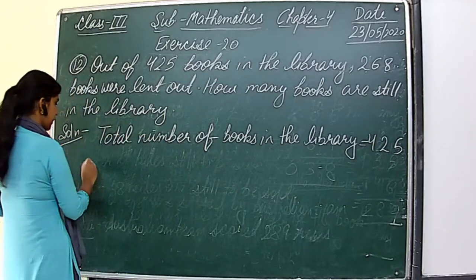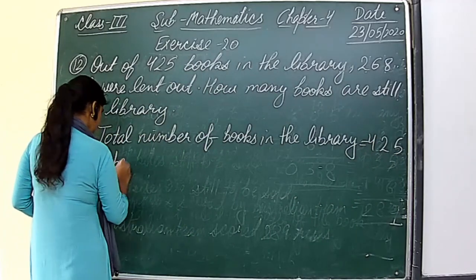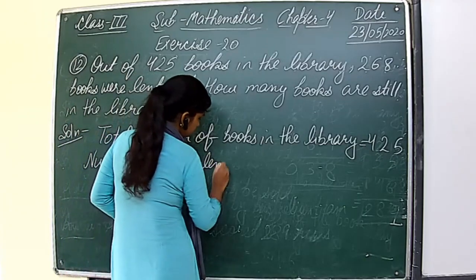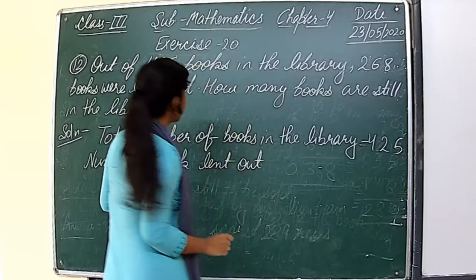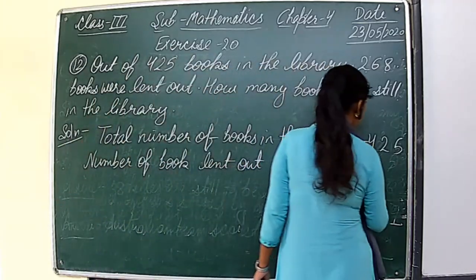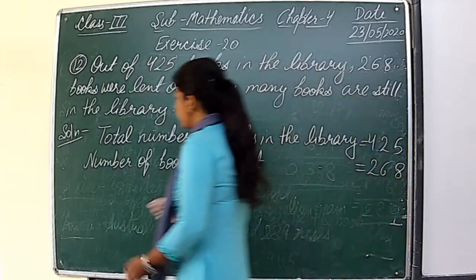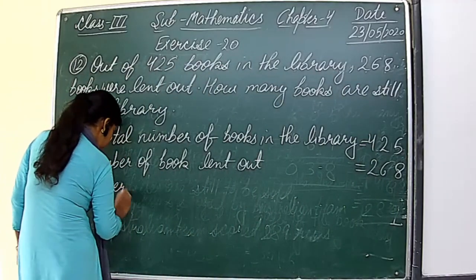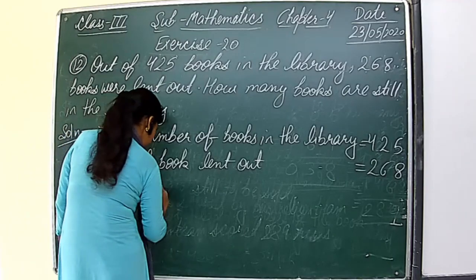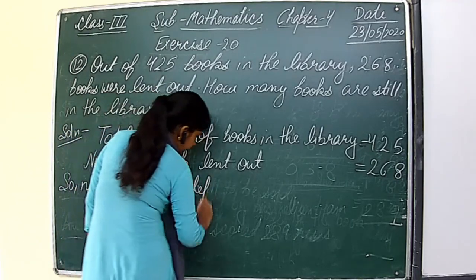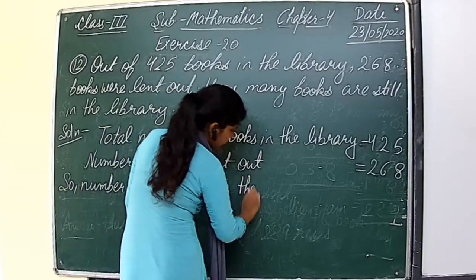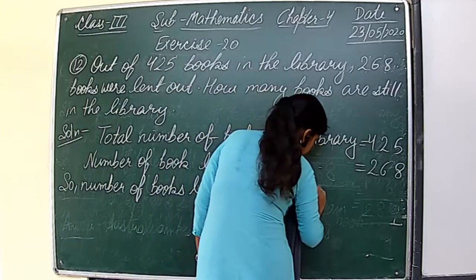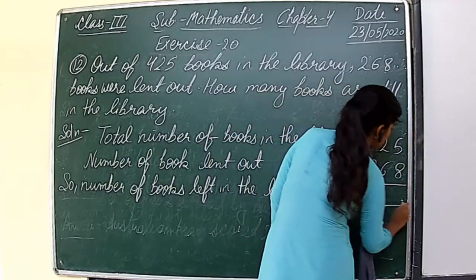Number of books lent out is equal to 268. So number of books left in the library is, we will subtract the numbers.